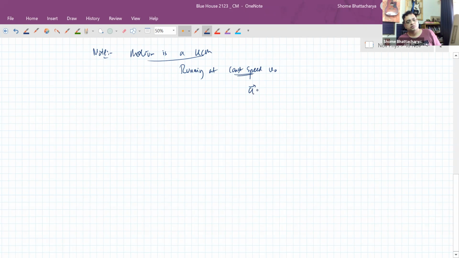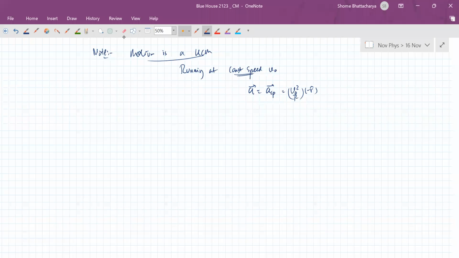So the acceleration is equal to centripetal acceleration, which is V naught squared by R towards the center. So that becomes the important thing when we make the free body diagram.